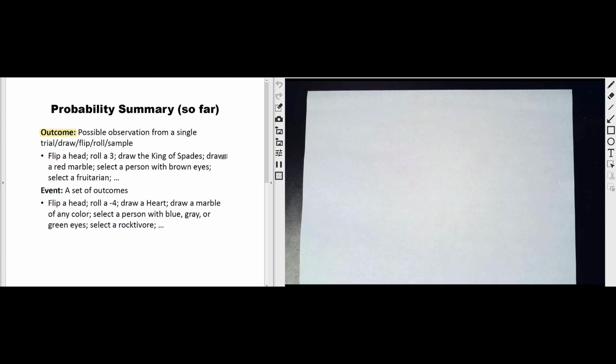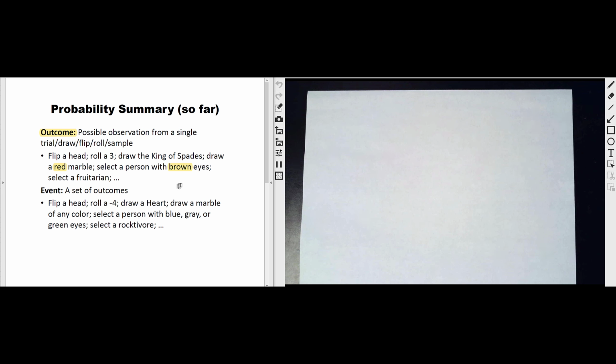We might have a bag of marbles of different colors that we can't see inside of, and we might reach in and draw out a red marble. So that's one possible outcome. We might randomly select a person and check their eye color and discover that this person has brown eyes.